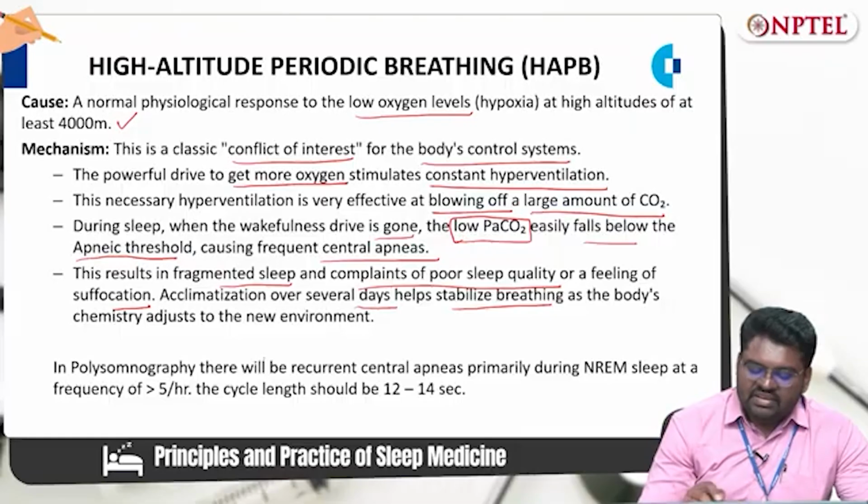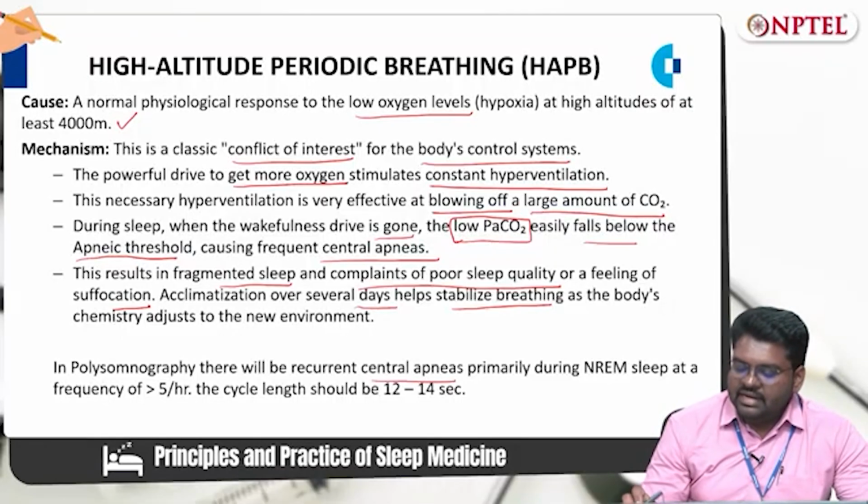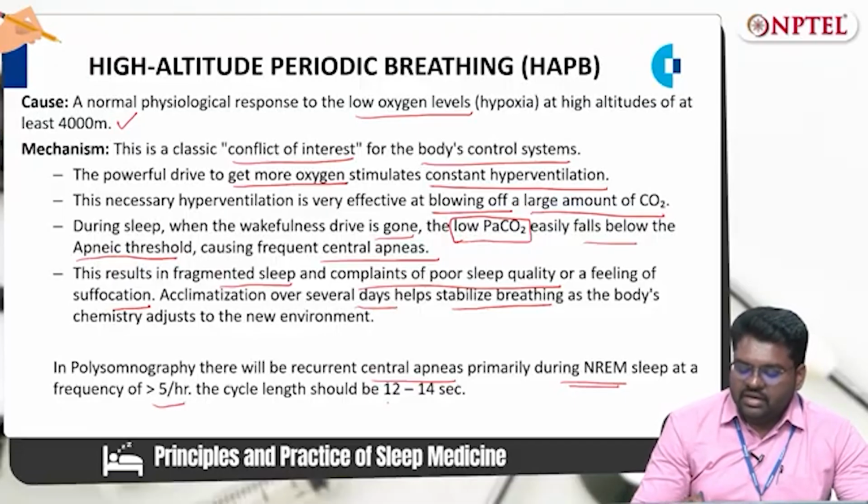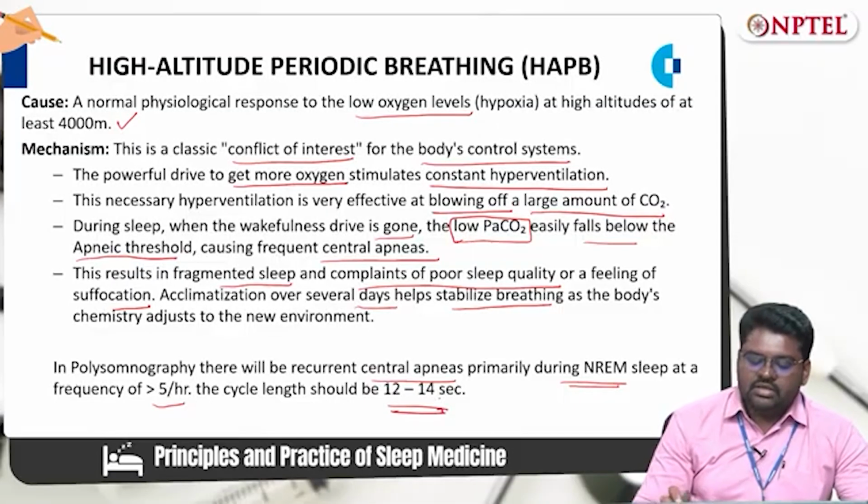In polysomnography, there will be recurrent central apneas primarily during NREM sleep at a frequency of more than 5 per hour. The cycle length should be 12 to 14 seconds. So these parameters are very important when we have to diagnose this condition.